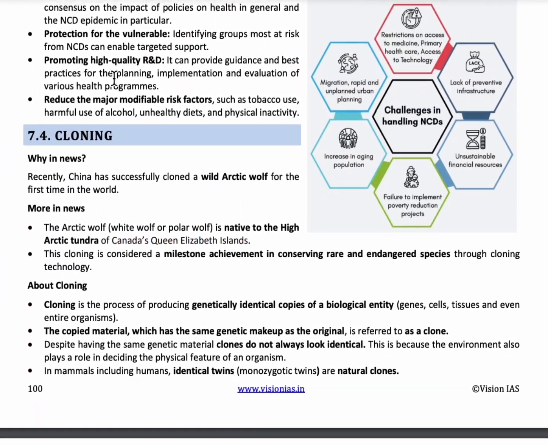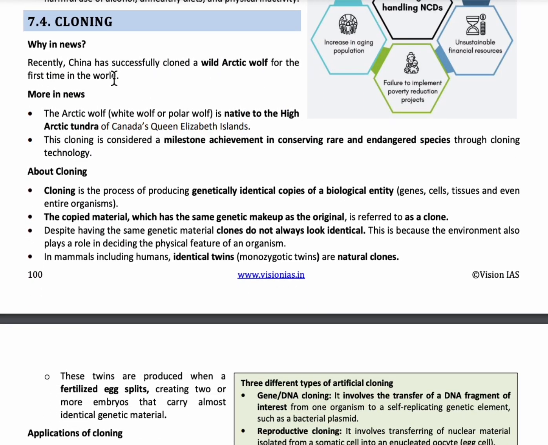The next topic is cloning. Cloning is the process of producing the duplicate of the biological entity with the same genes, cells, tissues, etc. But even after building an organism by introducing the same genes of the original one, due to the environmental factors, their physical features might not be the same as that of the original one.